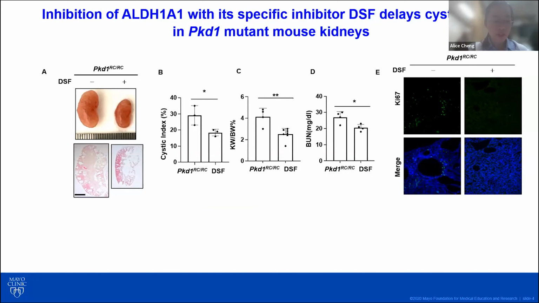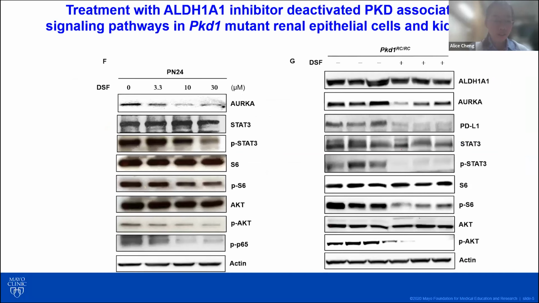Importantly, the treatment also decreases cyst lining epithelial cell proliferation as examined by Ki67 staining. In addition, treatment with DSF deactivated PKD associated signaling pathways such as S6 and AKT in PKD1 mutant epithelial cells and kidneys.